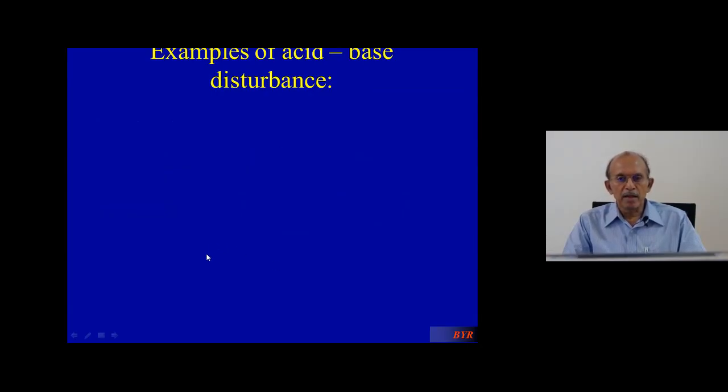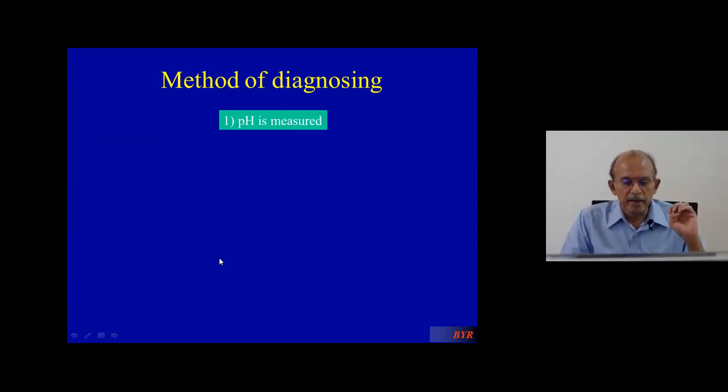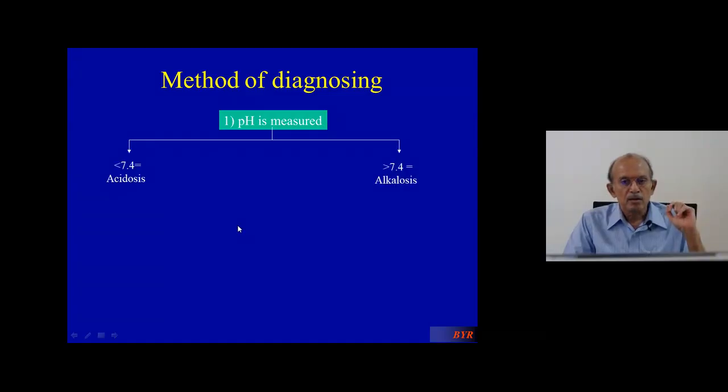Now, I will give some examples of acid-base disturbance. Whenever you are asked to tell about the acid-base disturbance by being given parameter values, how do you make a diagnosis? First, measure the pH. If it is less than 7.4, it is acidosis; more than 7.4, alkalosis. That is simple.